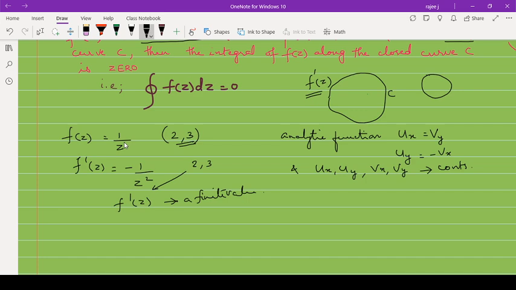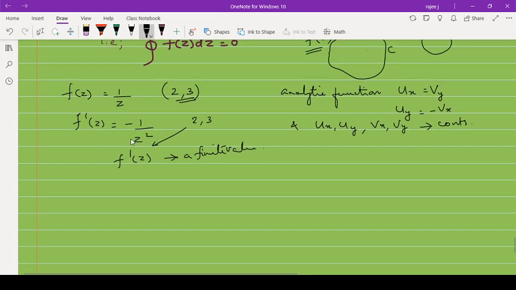Now suppose I define this f of z in a curve. I am defining f of z in a circle. Say f of z is equal to 1 upon z minus 1, or z minus 2, whatever. Normally we do not take these coordinates for this.